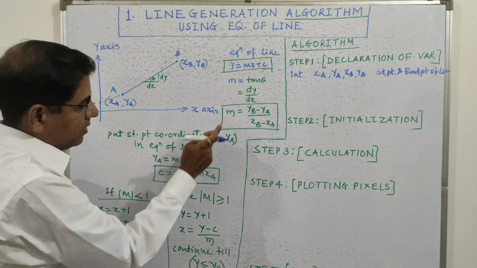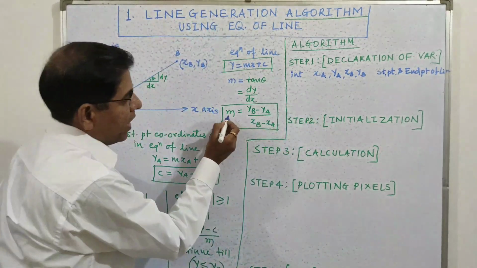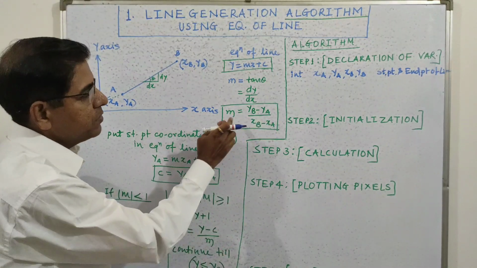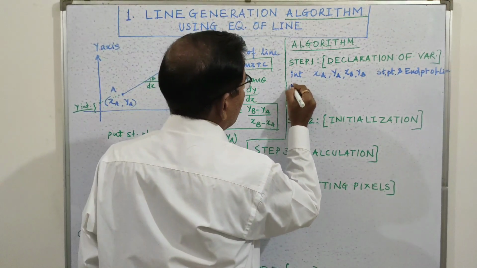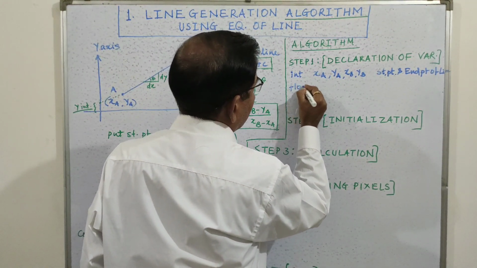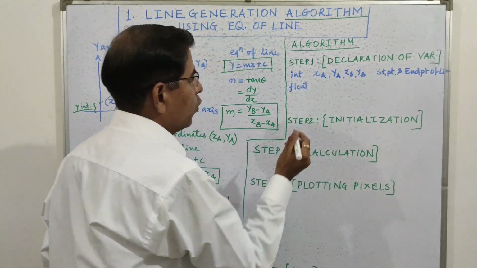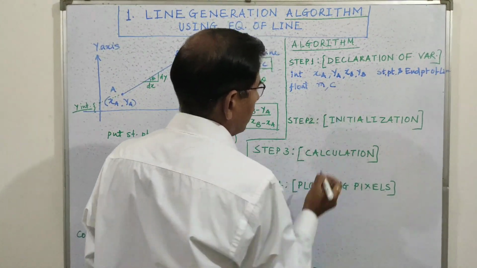M and C. These are the two constants. So M is a fraction, numerator upon denominator. That means M can be a float value. So we declare it as float. So float M, C.